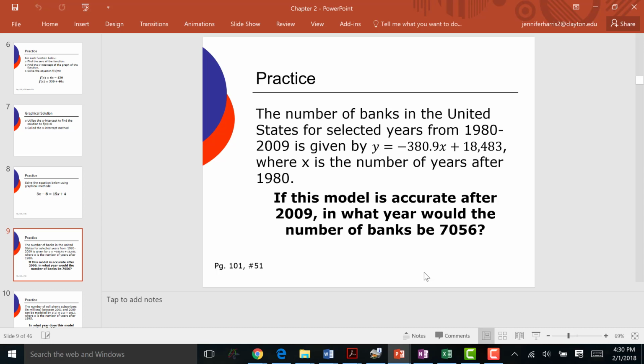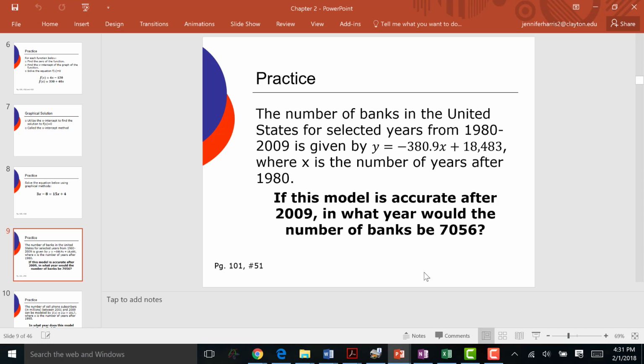When you get the final answer, you should be able to read the question and restate your answer using the question. If the question says, in what year would the number of banks be 7,056, you say, in the year 2010, the number of banks was 7,056.